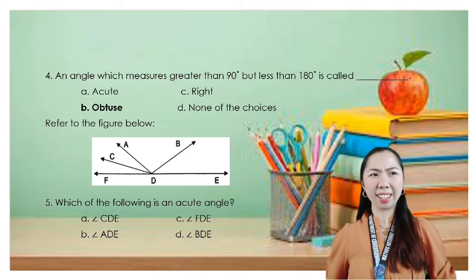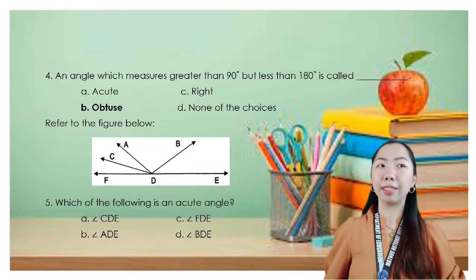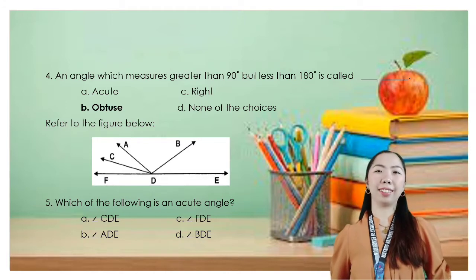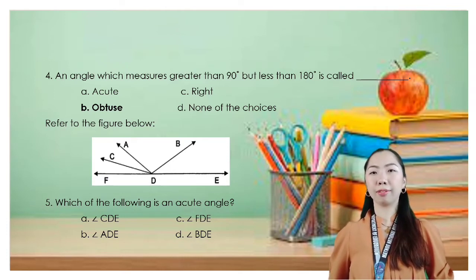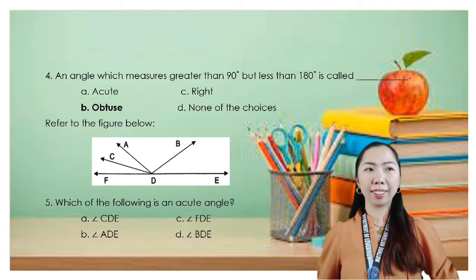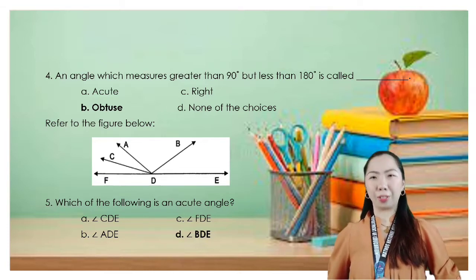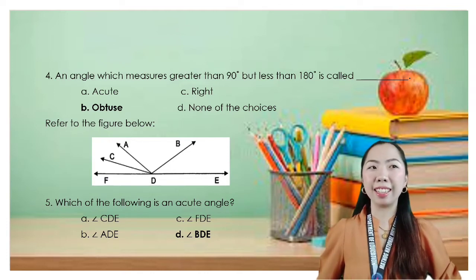Or is it C. Angle FDE? Or D. Angle BDE? Did you get it right? Let us check. Right. It's letter D. Angle BDE.